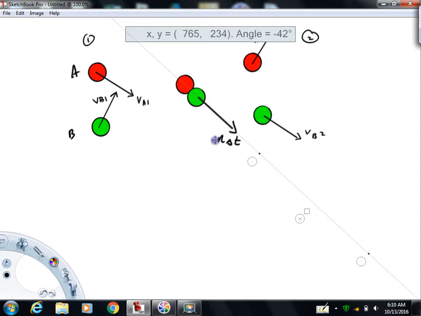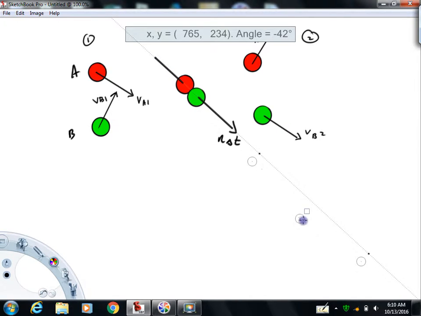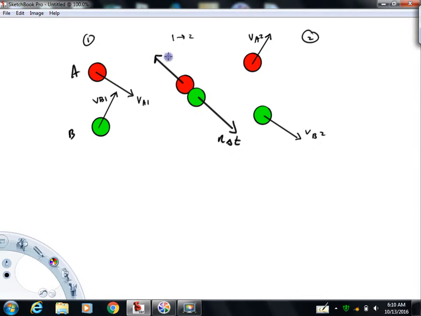By Newton's third law, this normal, which is down and right on mass B, acts in this direction on mass A. So there's the two normal forces. Again, Newton's third law, forces always appear in pairs, equal in magnitude, opposite in direction.